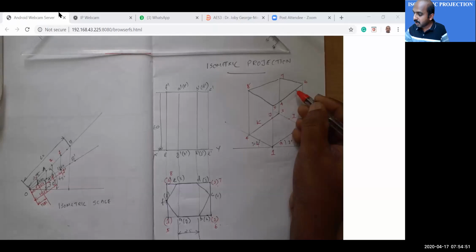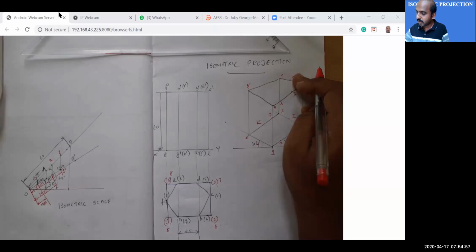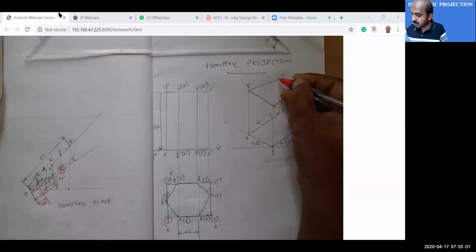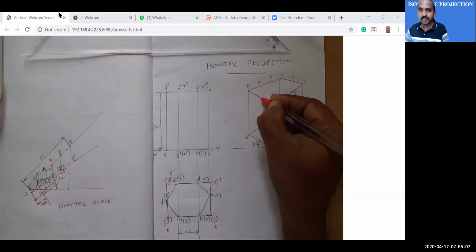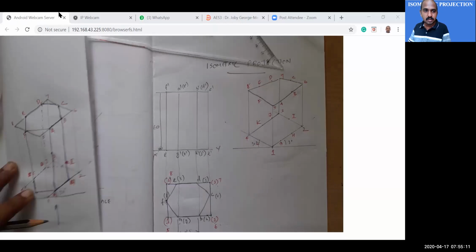Similarly, you can locate capital B here. C: 6C is equal to 2I, the isometric length from the isometric scale. Then here we have D, here E, and here F. Now you think about the isometric view.